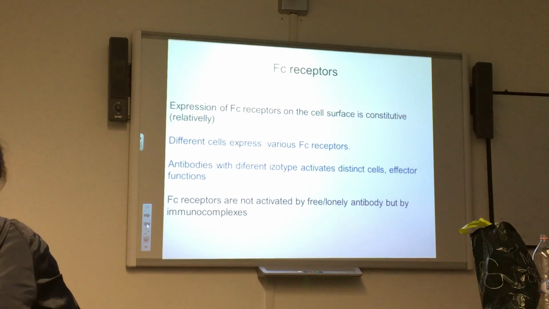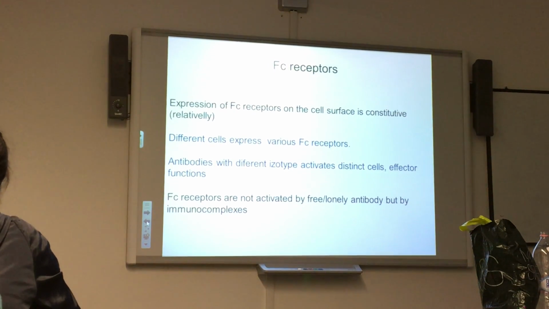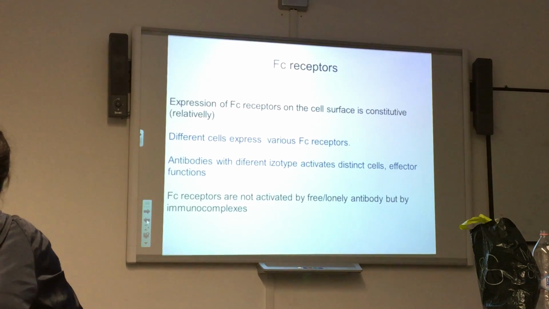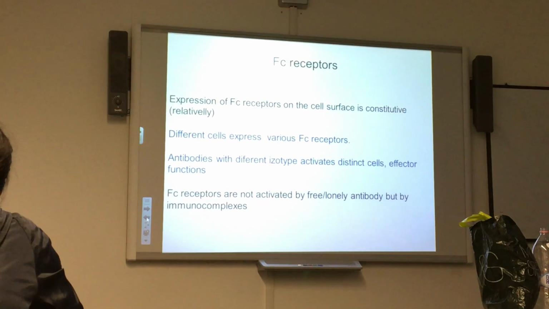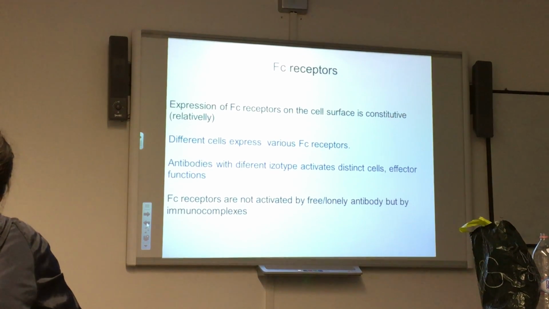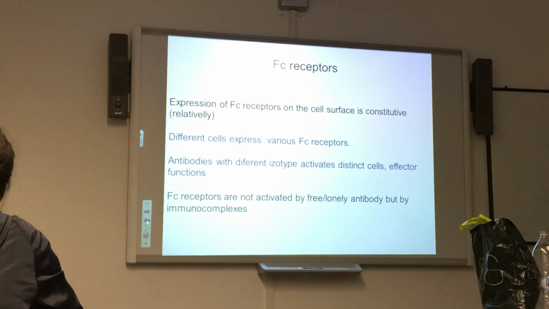Okay, Fc receptors. Different cells express various Fc receptors. For example, mast cells express Fc epsilon receptor, which recognizes the IgE isotype. For example, macrophages express Fc gamma receptor, which recognizes IgG, that you well know.